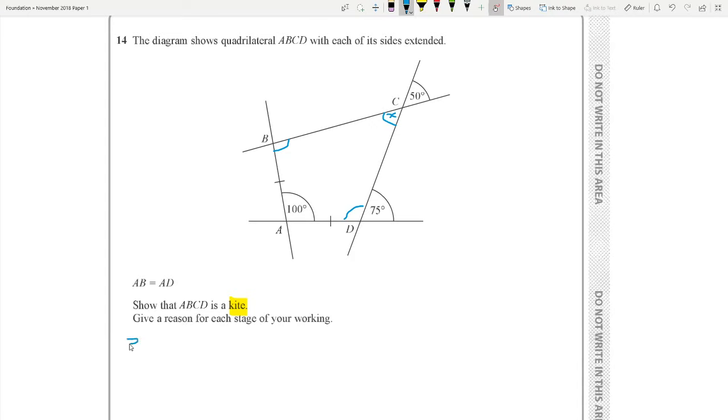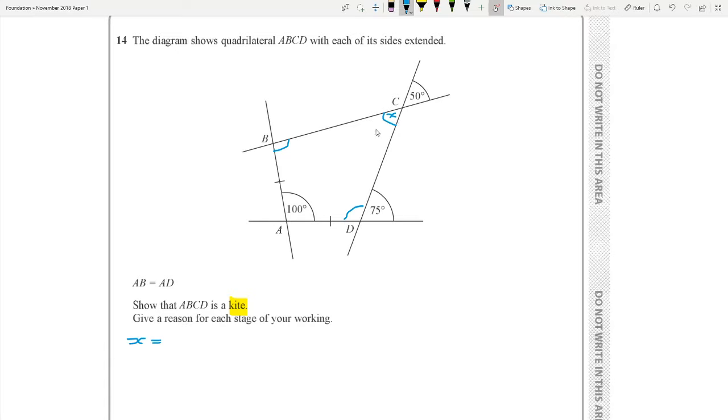What's the value of X? What angle is X and why? Anybody? 50.